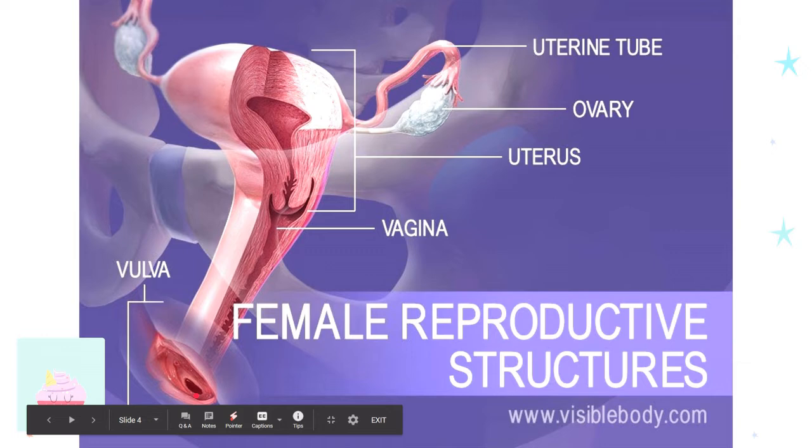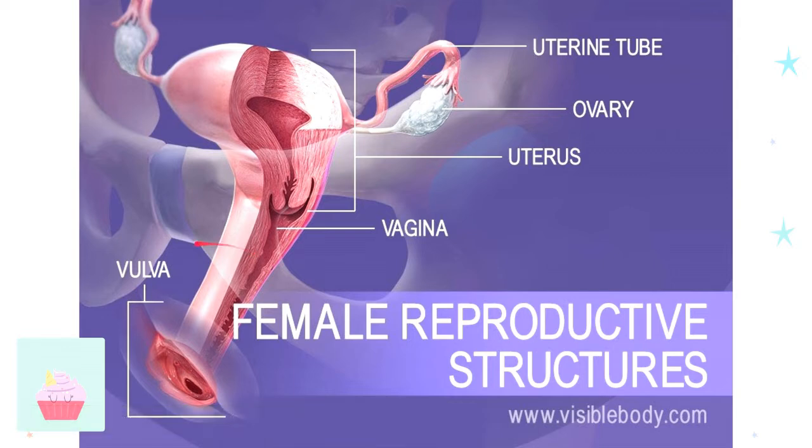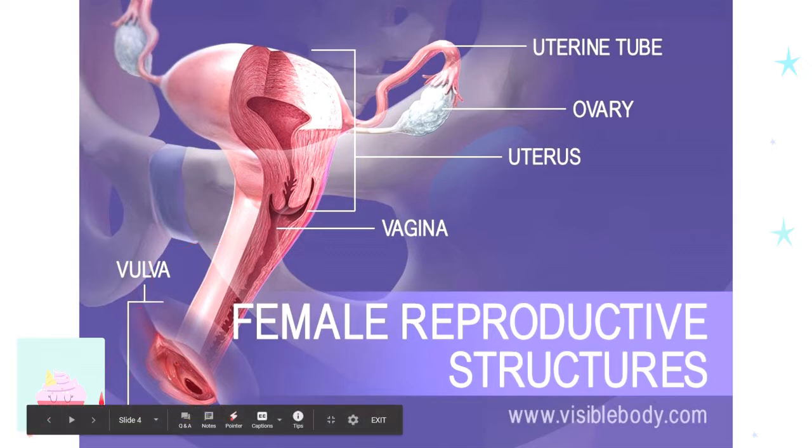The real structure of vagina is actually the canal, the canal in which blood comes out during menstruation, the baby comes out during birth, and the penis goes in during sexual intercourse. So vagina is a canal. Vulva is the external structure.